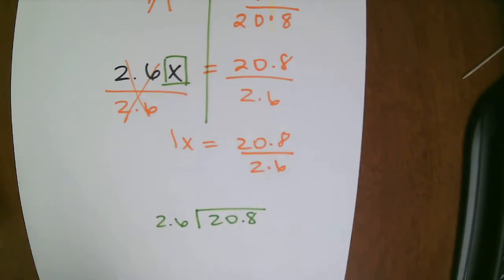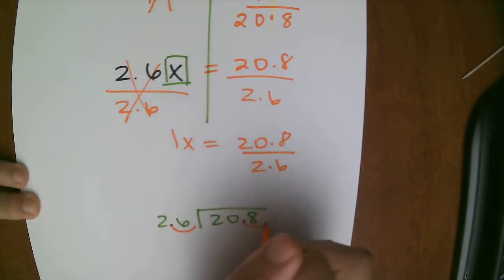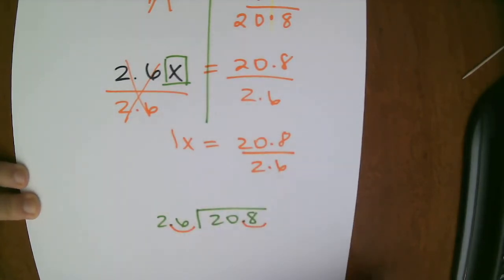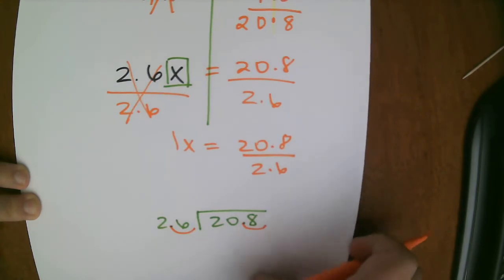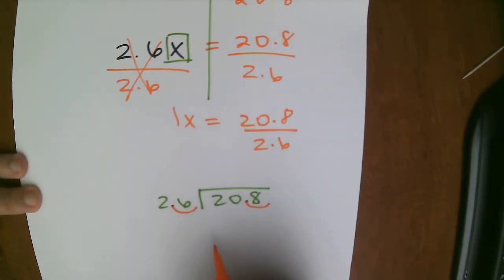All right, so you remember we cannot have a decimal in our divisor. So we're going to move it over one spot, and we're going to move this over one spot. So really it's going to turn into 26 into 208. And if you look at your multiplication table, I believe it goes in perfectly 8 times.